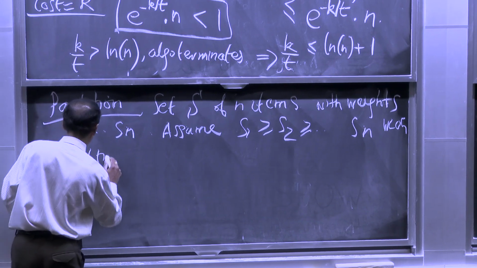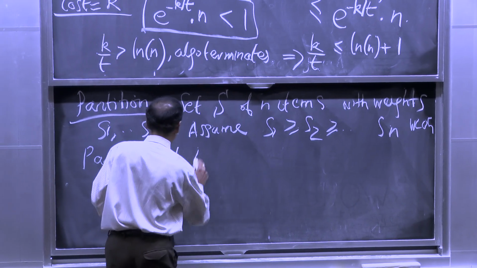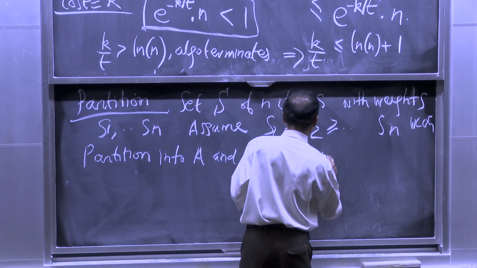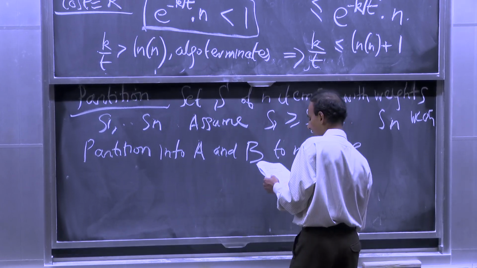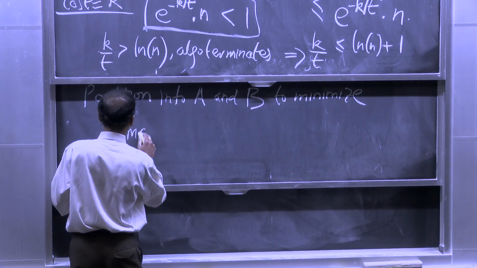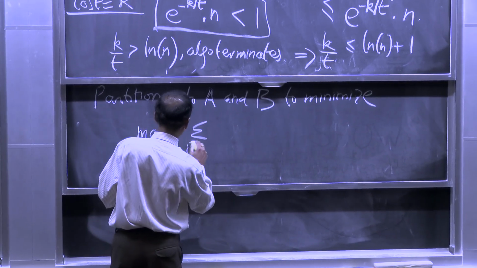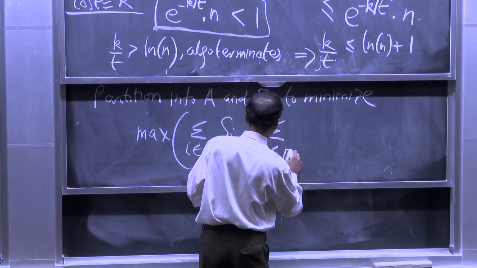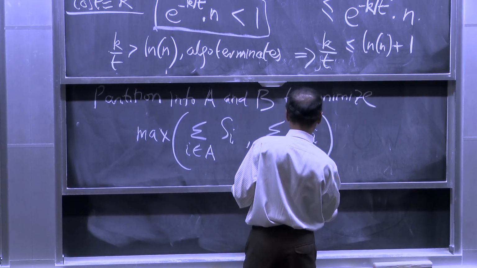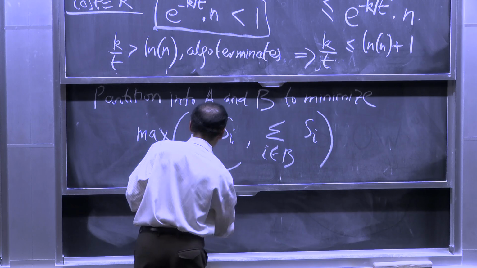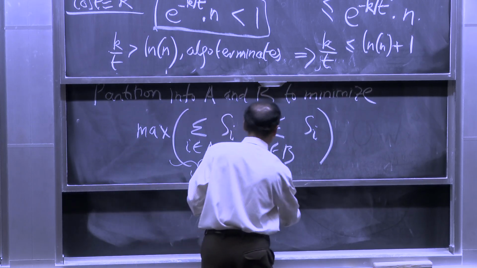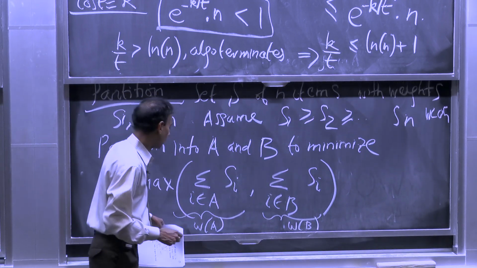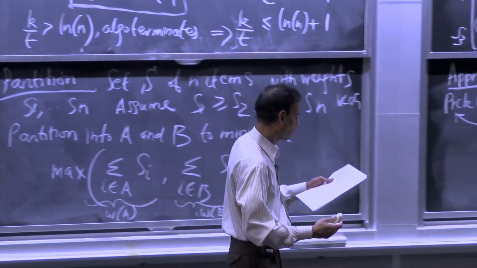And I want to partition S into A and B to minimize the max of sigma i belongs to A, Si, and sigma i belongs to B, Si. And this is the weight of A, and this is the weight of B. And so there's only so much you can do.